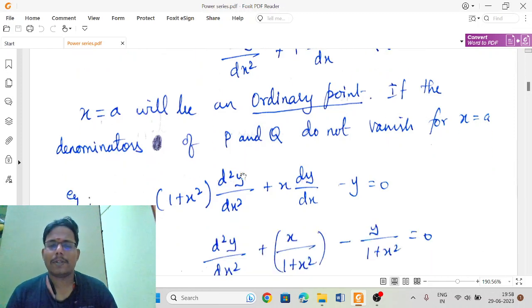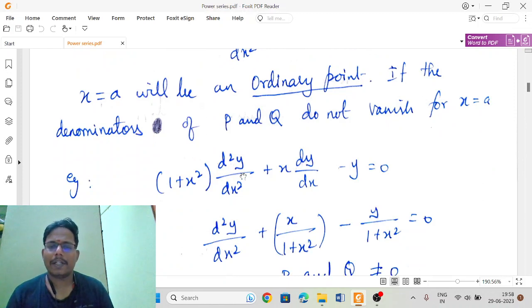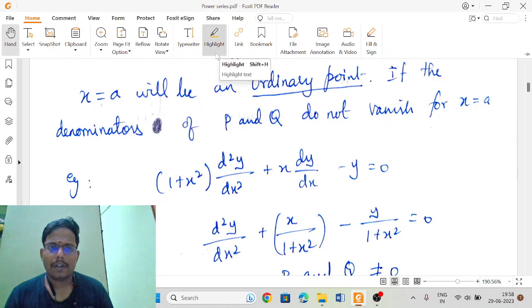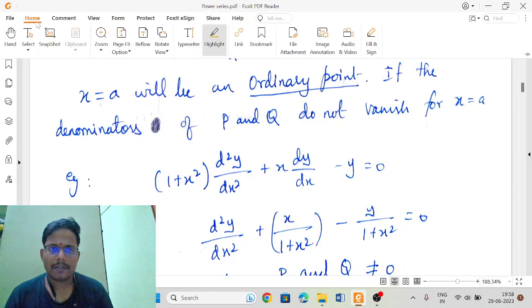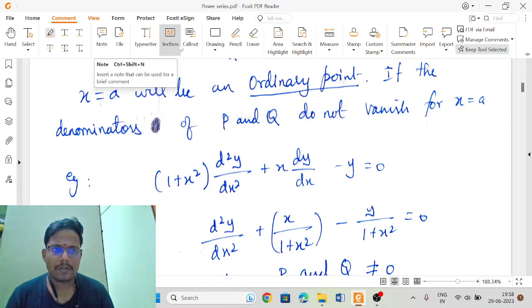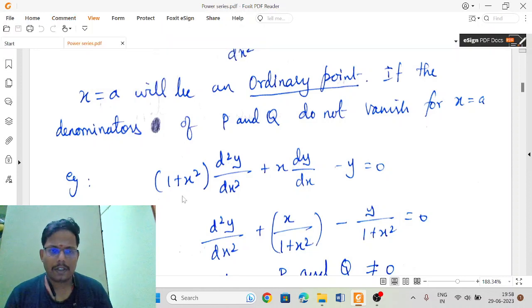1 plus x square d square y by dx square plus dy by dx minus y. Here you can see we have 1 plus x square, and we just rearranged this by dividing all terms by 1 plus x square.